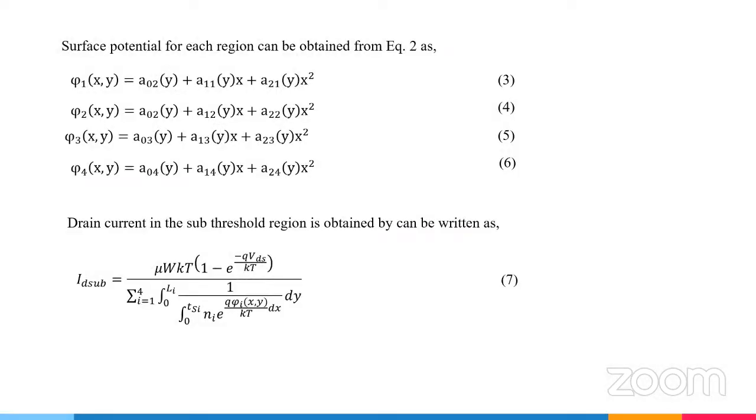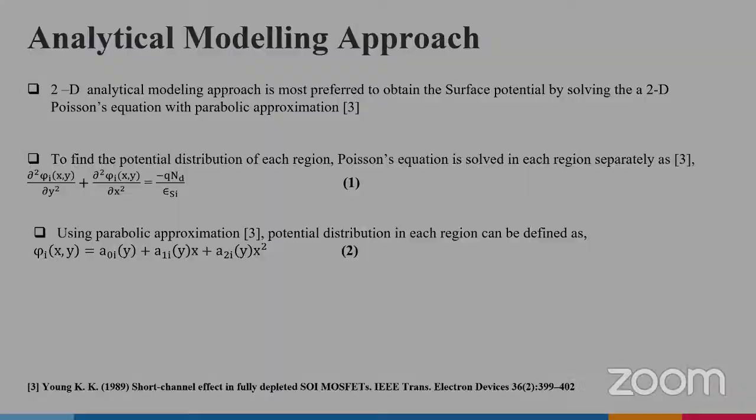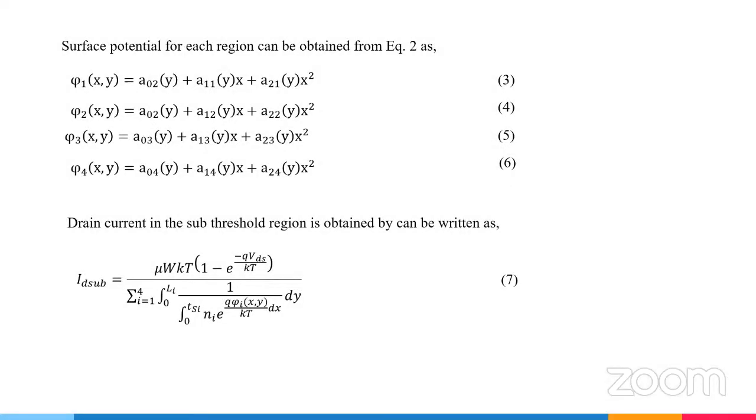After applying the boundary conditions, which are the well-known conditions that satisfy the continuity of electric displacement at the interface of oxide and the channel, and doing some mathematical calculation, the surface potential for each region can be obtained.